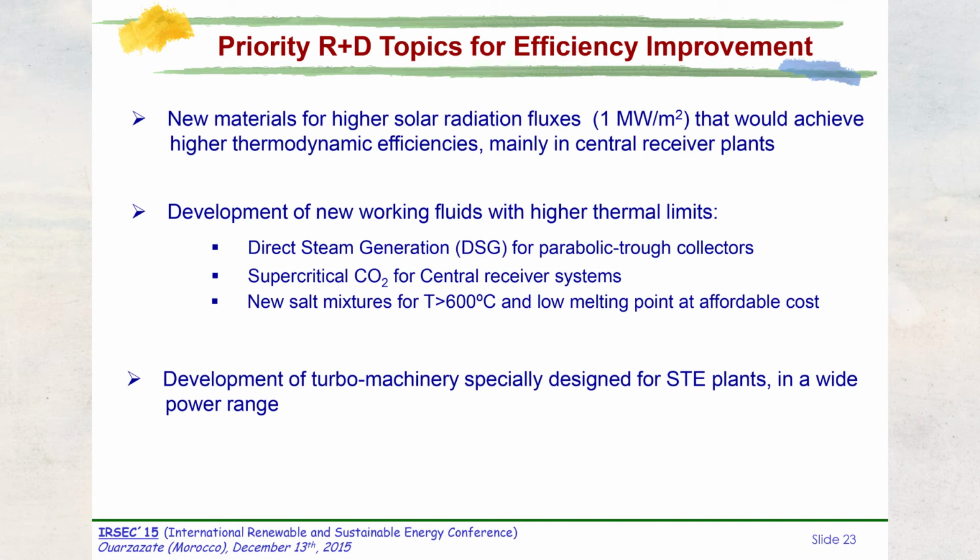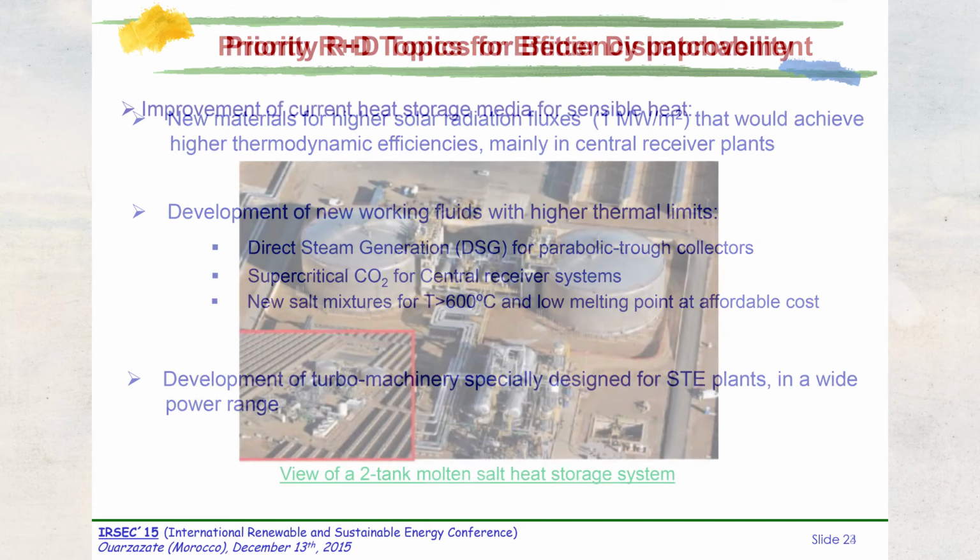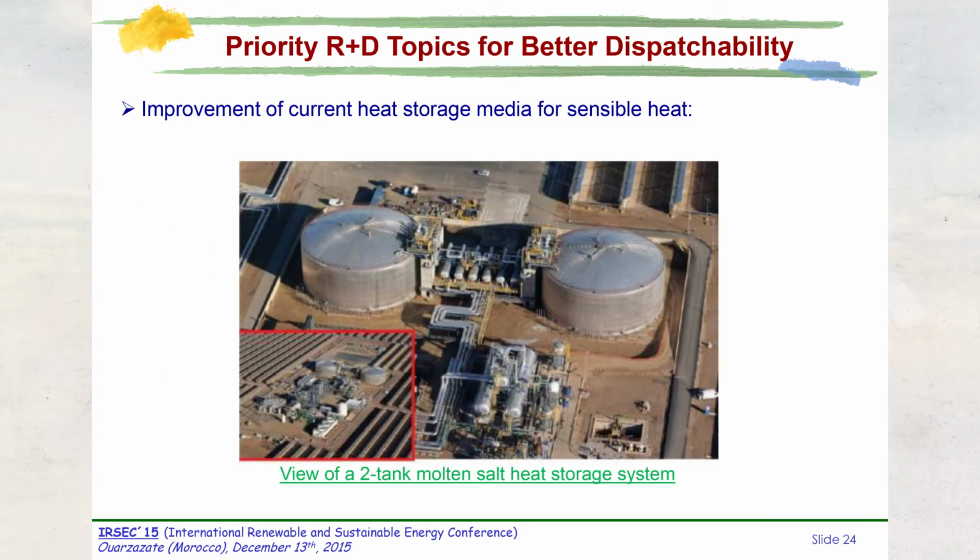You have already seen this picture in the previous talk. This is a typical molten salt thermal storage system with sensible heat. We have a cold tank and a hot tank and a heat exchanger to exchange thermal energy from the thermal oil to the molten salt and from the molten salt to the thermal oil during the charging and discharging process.